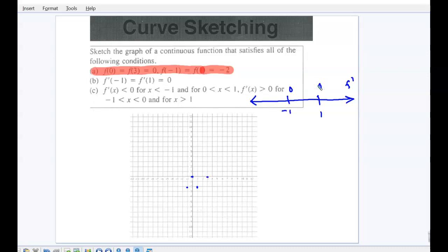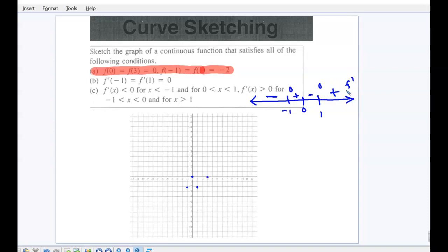And it says that the derivative is negative when x is less than -1, so f prime is negative in this region, and between 0 and 1, it's also negative. And it tells us the derivative is positive from -1 to 0, and it's also positive from 1 to infinity.